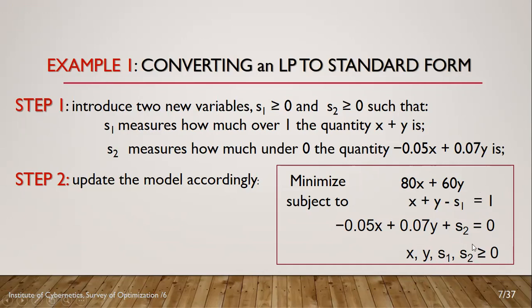The only inequality which remains is the non-negativity constraint. And we see that instead of 2 variables, now we have 4 variables. So the newly introduced variables are included in the non-negativity constraint.